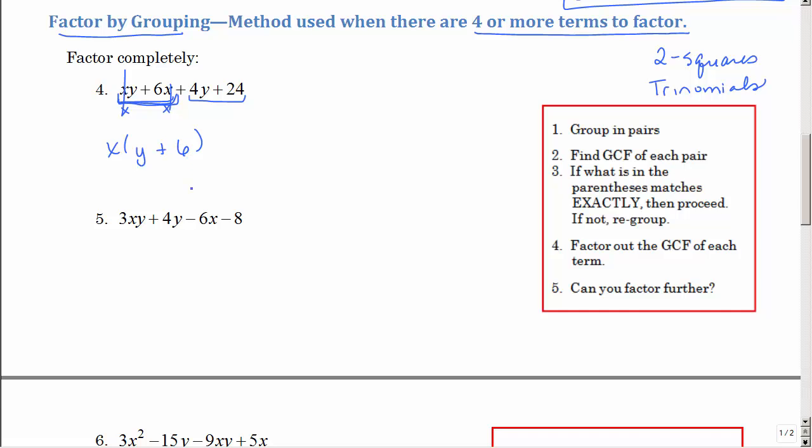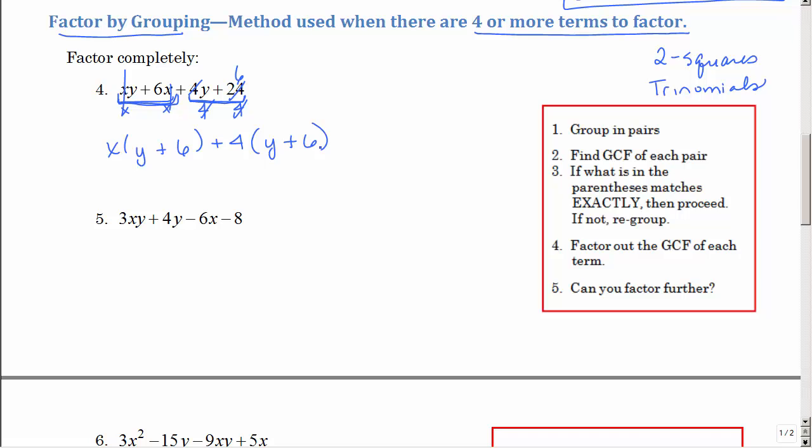Y plus 6. Then I look at the next group, 4y plus 24. What do they have in common? What are they both divisible by? 4. And it's a positive 4. I know that's kind of weird to put a plus, but we need to put that plus. So we divide each by 4, and we're left with y plus 6.